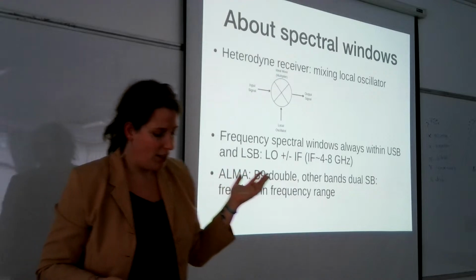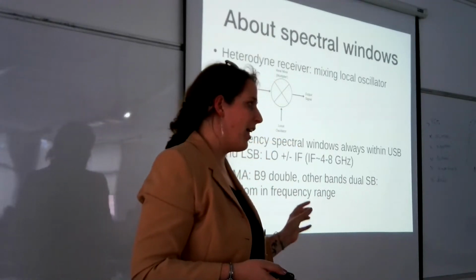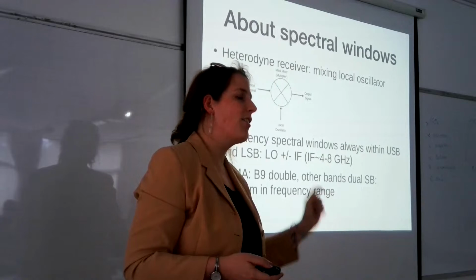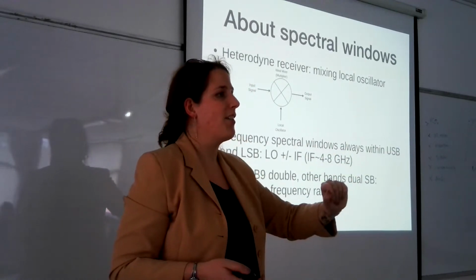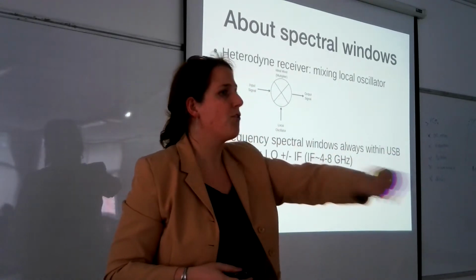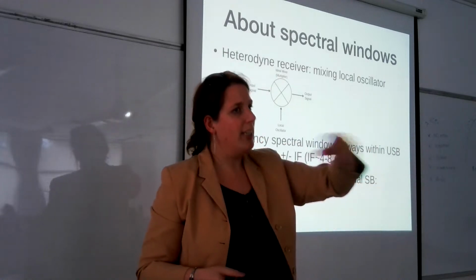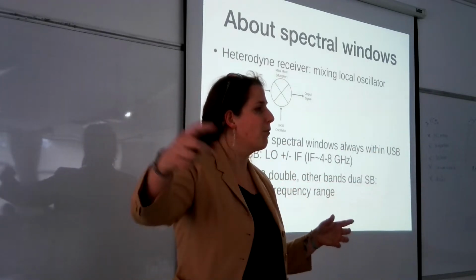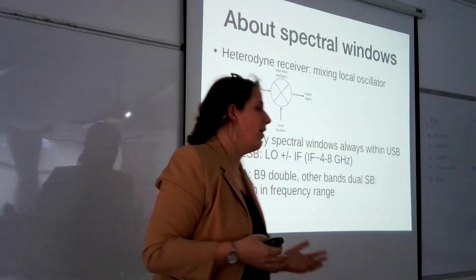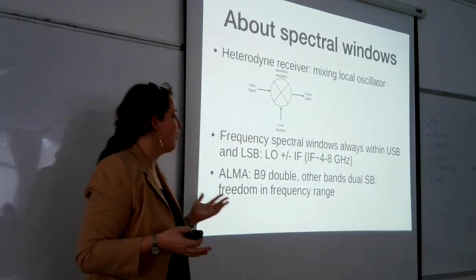So say you mix a 345 gigahertz signal with a 340 gigahertz, you're left with a 5 gigahertz. And this is something that you can now put through your electronic cables, interfere with the signal from other telescopes, and essentially create your interferences.